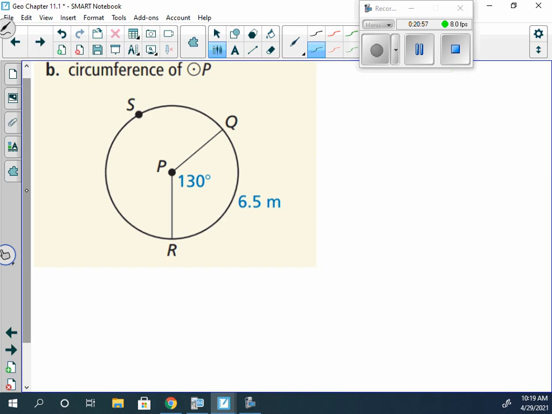So let's look at another one. So they told us that the arc length is 6.5 meters. They told us that our arc measure is 130 degrees, and it would be over 360. And we're looking for the circumference again. Now we could simplify 130 over 360.